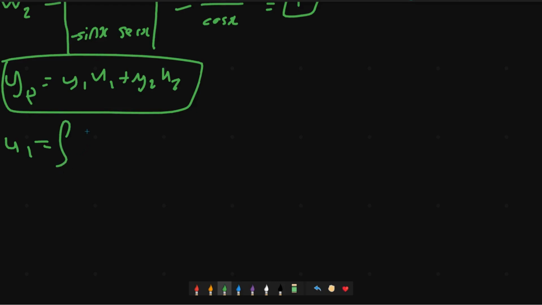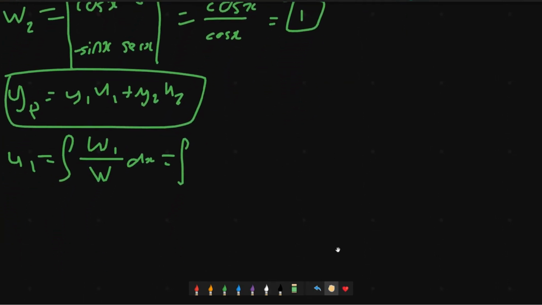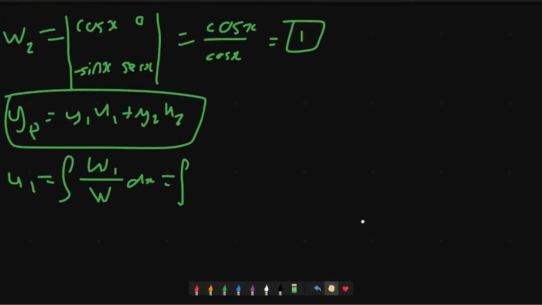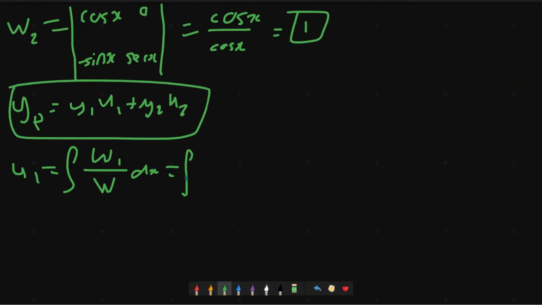So u1 is going to be the integral of W1 over W dx, which equals the integral. W1 is minus tangent x, but it's being divided by 1 because W is 1. So we're just going to write the negative integral of tangent x dx, which is of course negative sine x over cosine x dx.